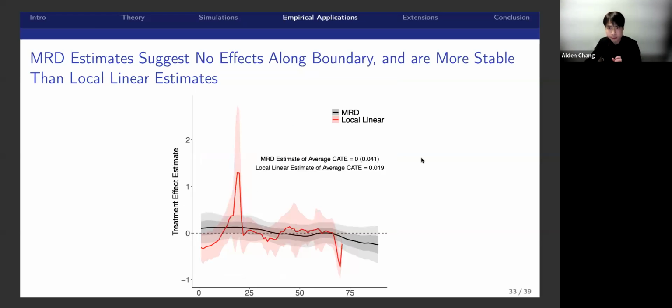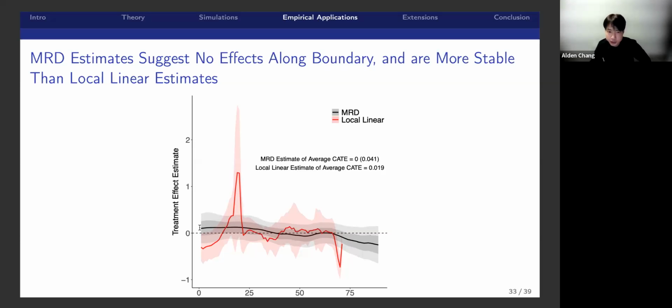So here I've plotted my MRD estimates in black and gray, and I've shown how it varies along the entire treatment frontier, along the entire border. And actually the authors of one of the previous studies looking at this also developed a local linear estimator, which can be used to estimate heterogeneous treatment effects.